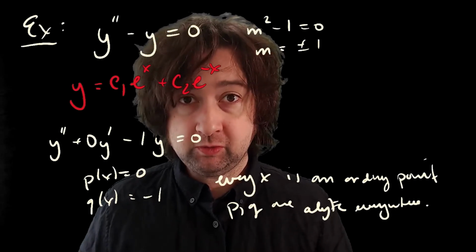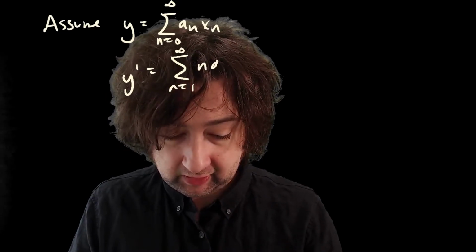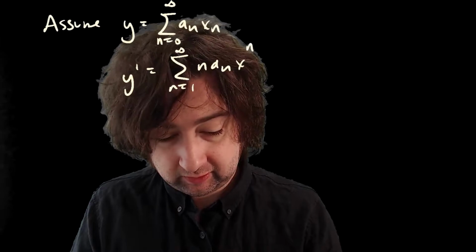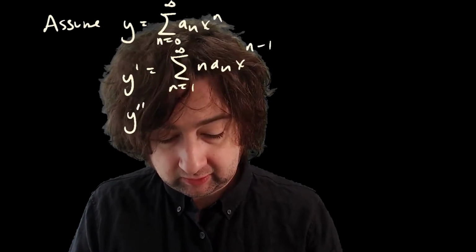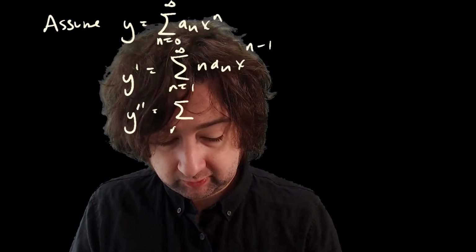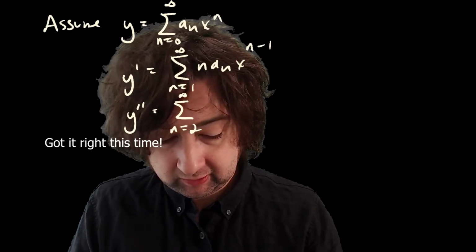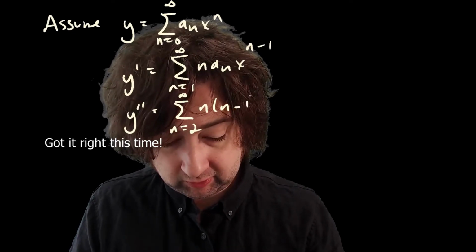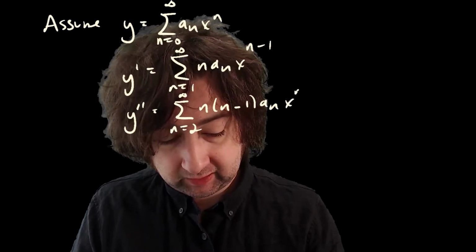Let's assume that we have a series solution to this equation. So we'll assume that y = the sum from n = 0 to infinity of a_n x^n, that y' is the sum from n = 1 to infinity of n a_n x^(n-1), and that the second derivative is the sum from n = 2 to infinity of n(n-1) a_n x^(n-2).